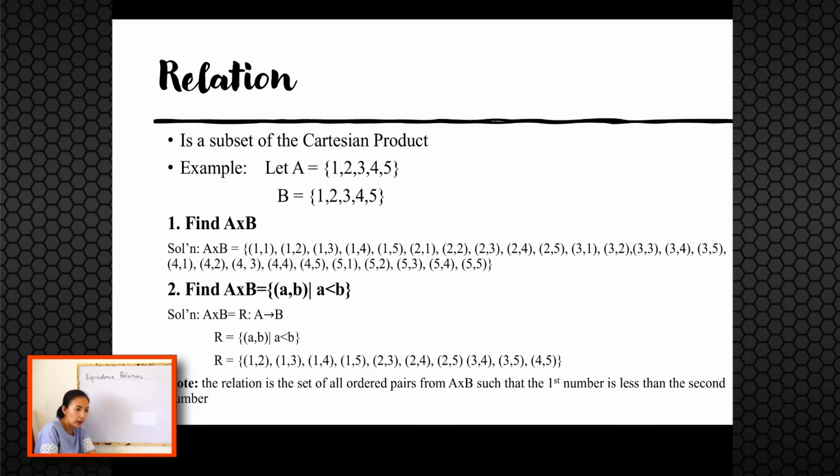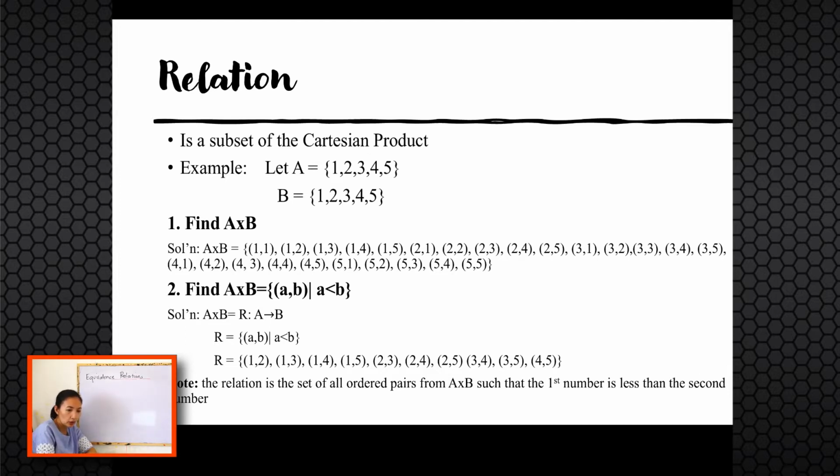So if we list down all the elements of A cross B, the elements would consist of (1,1), (1,2), (1,3), (1,4), (1,5), (2,1), (2,2), (2,3), (2,4), (2,5), (3,1), (3,2), (3,3), (3,4), (3,5), (4,1), (4,2), (4,3), (4,4), (4,5), (5,1), (5,2), (5,3), (5,4), and (5,5).